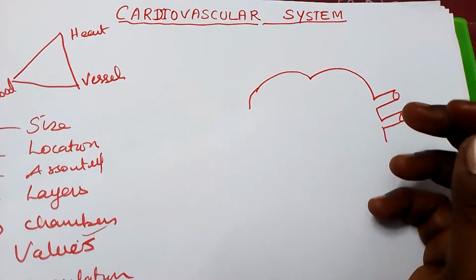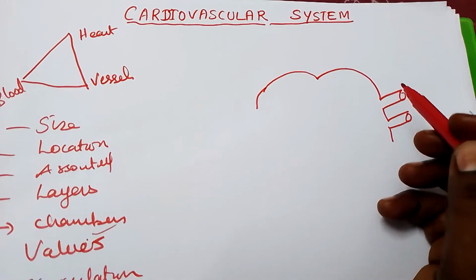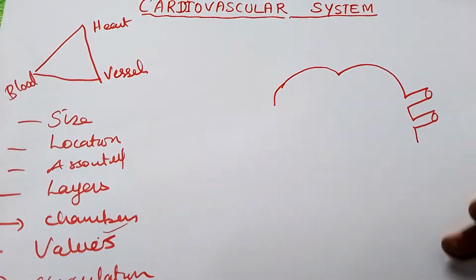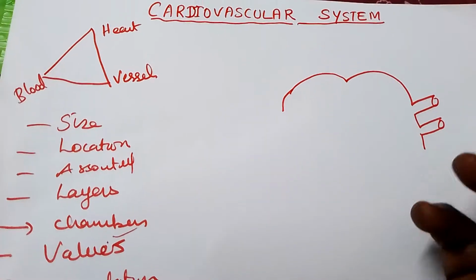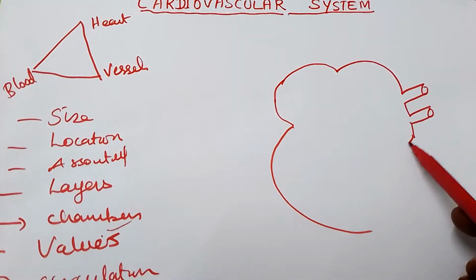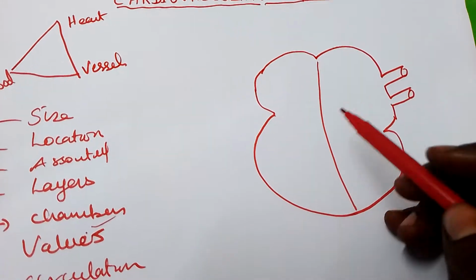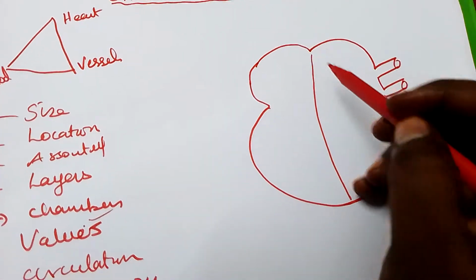Is the heart situated in the left side in all human beings? Yes, of course it is situated in the left side. In about one in a million people, the heart may be situated in the right side of the body. That condition is called dextrocardia.